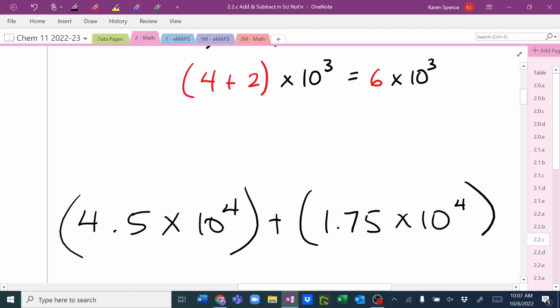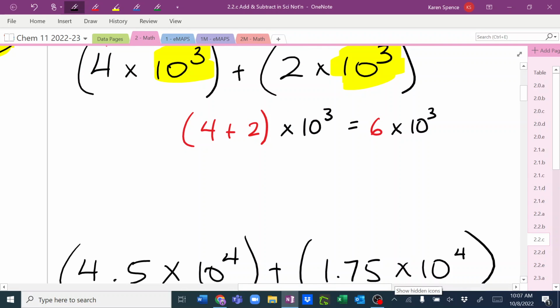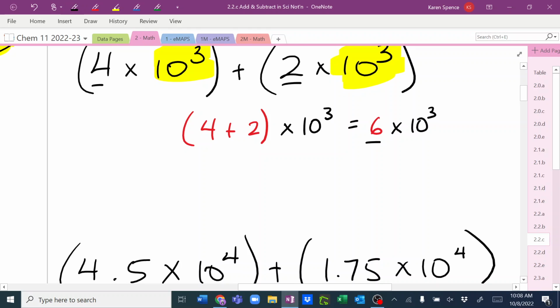Let's try one where we have some decimals and the sig figs are actually going to matter. If we were worried about sig figs up here, 4 has 1 sig fig, 2 has 1 sig fig, and so our answer should have 1 sig fig.